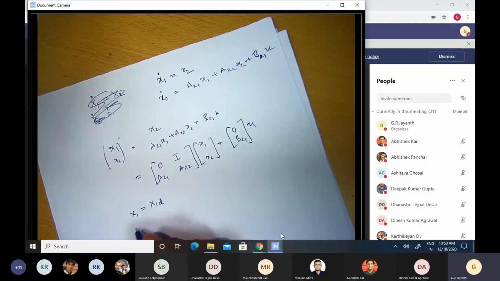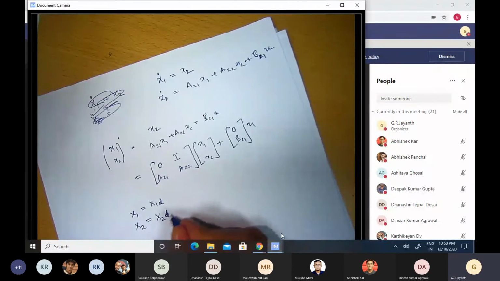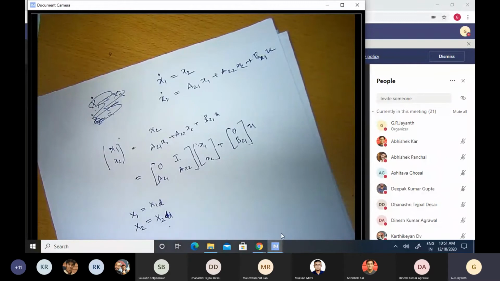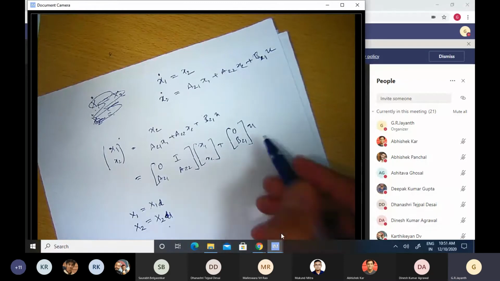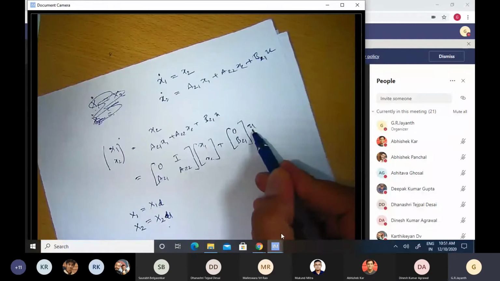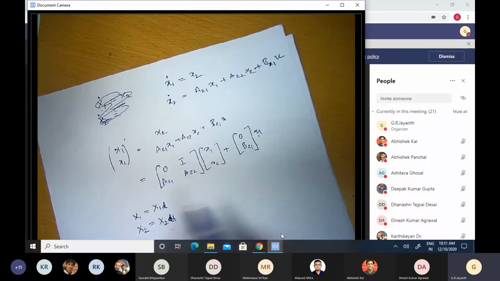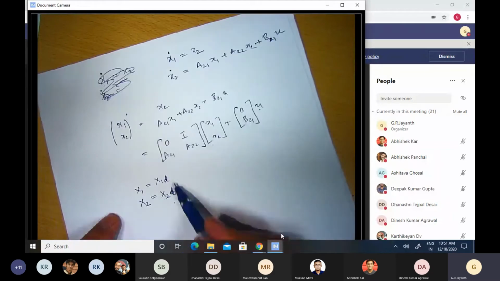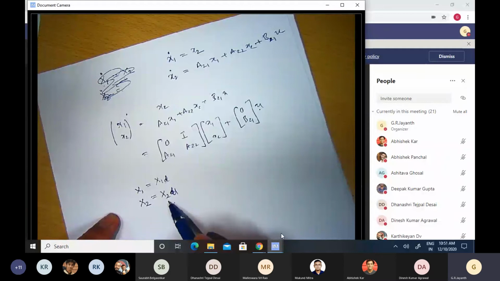Now I want x1, the vector of my generalized coordinates, to be some x1 desired, and I want x2, the vector of my generalized velocities, to be some other x2 desired. I gave the example of the 2R manipulator and showed what x1 desired and x2 desired physically mean. So what I want to do as a control engineer is find out what input u I have to apply in order for my states x1 and x2 to assume values x1d and x2d.